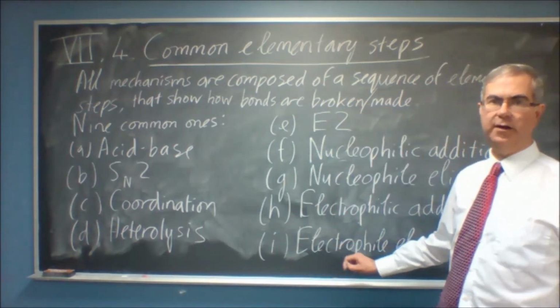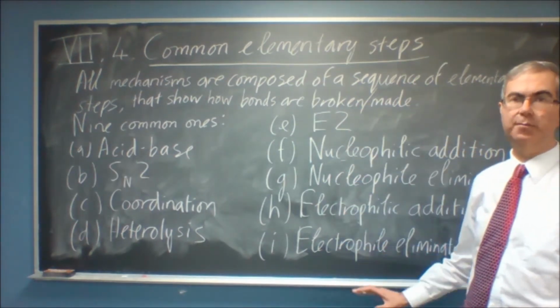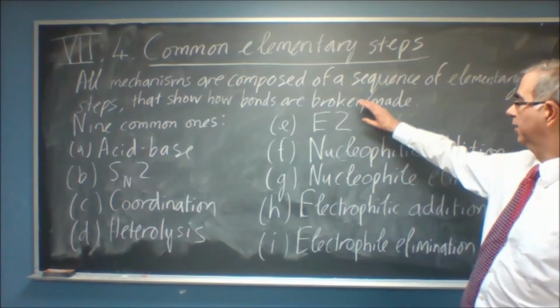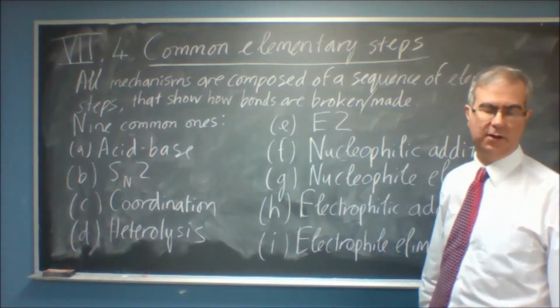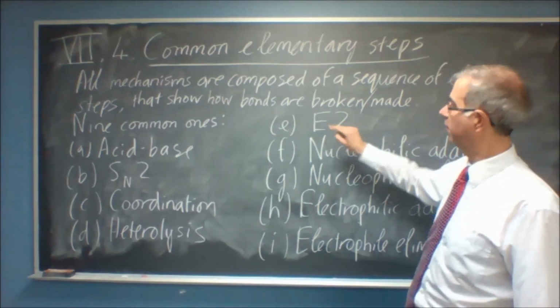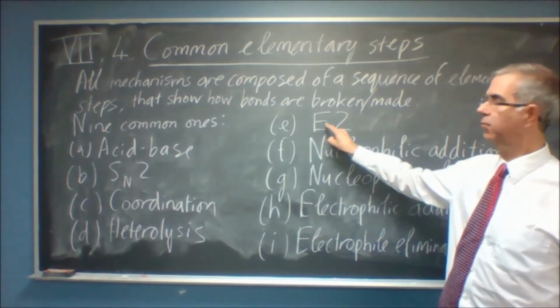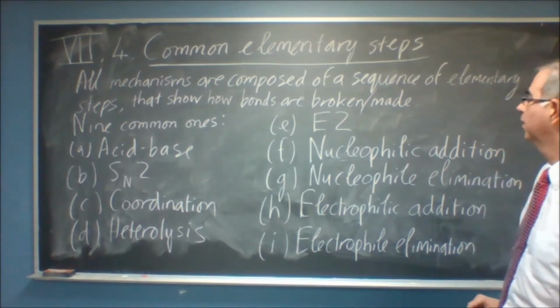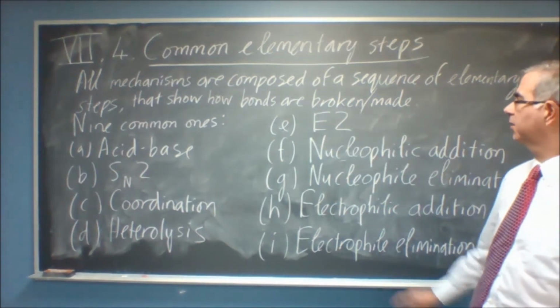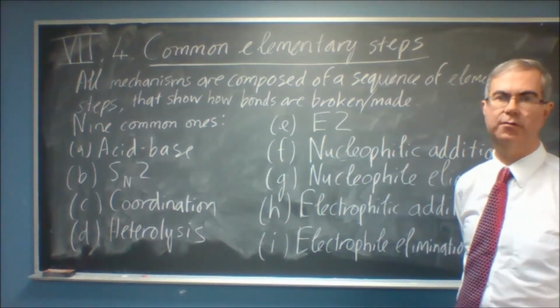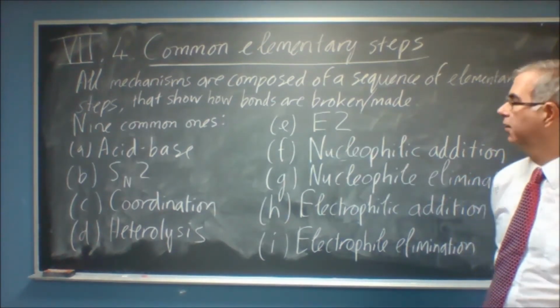These other 5 all involve pi bonds, and the E2 is a bimolecular elimination. That's what the E2 means. 2 molecules involved in the rate determining step, and it's overall an elimination process.